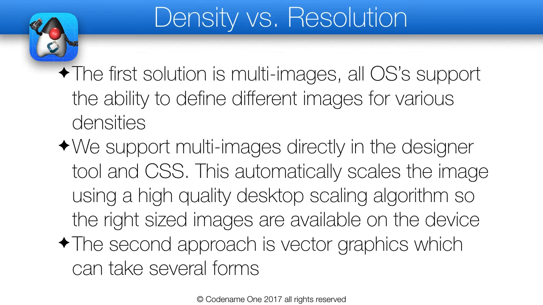But on the desktop we can, and that way when you get a multi-image, you get a very accurately sized image. That's probably the simplest approach, and the one we usually take, because we get resources that are images, and it's really easy to work with that.